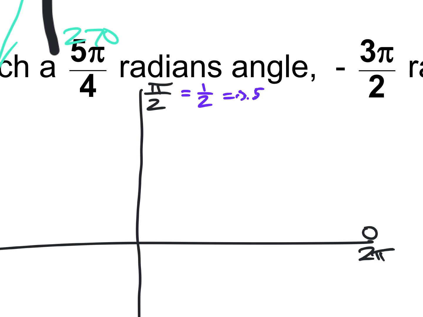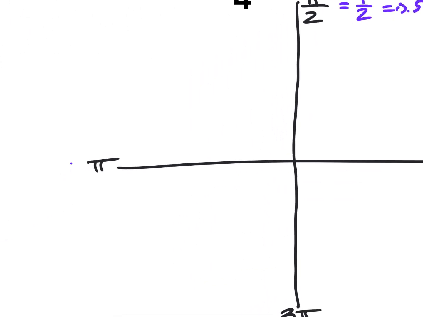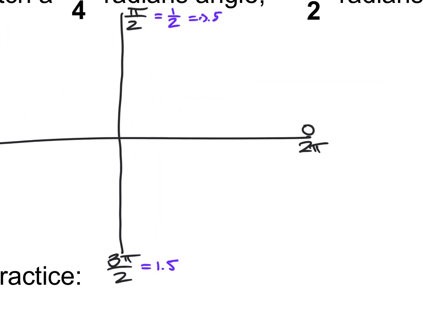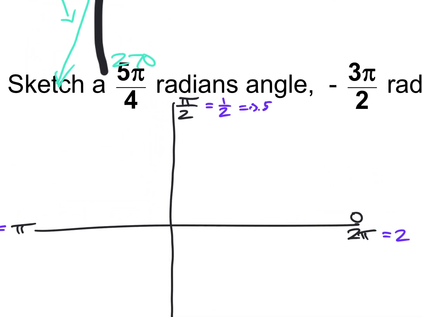Because everything has a pi in it, so the pi doesn't really matter when I'm graphing radians. And then pi is really just like 1. 3 pi over 2 is like 1.5. And 2 pi is just like 2. Yes?